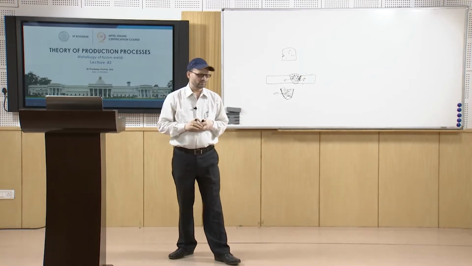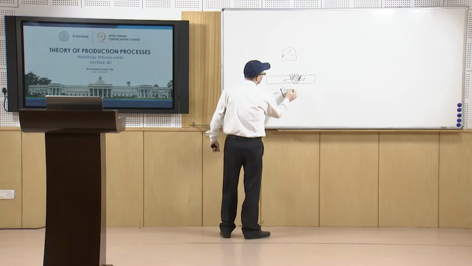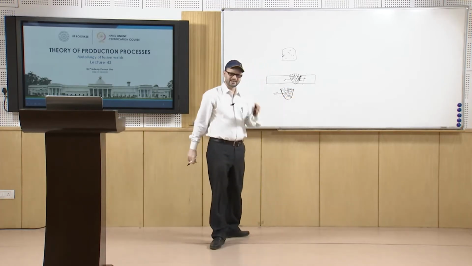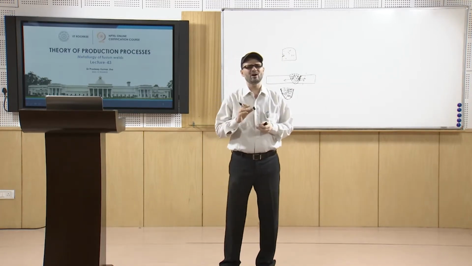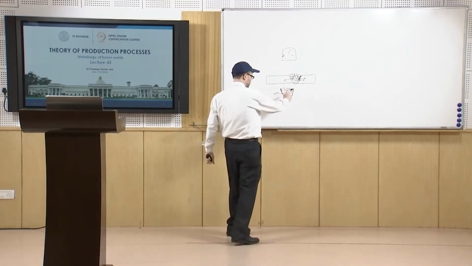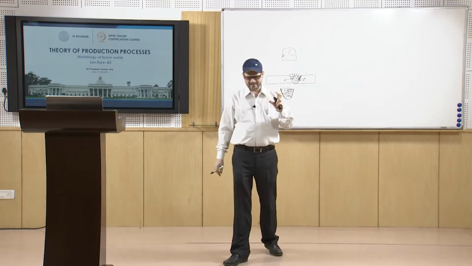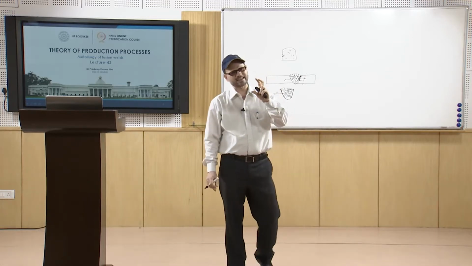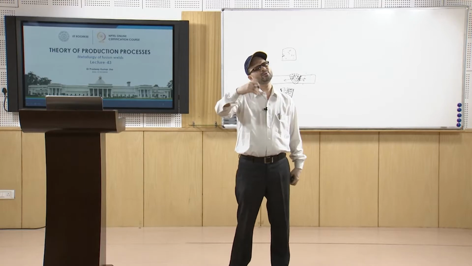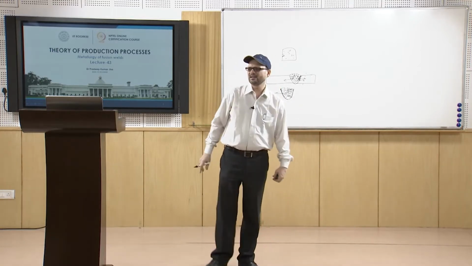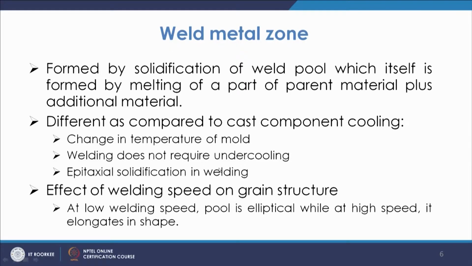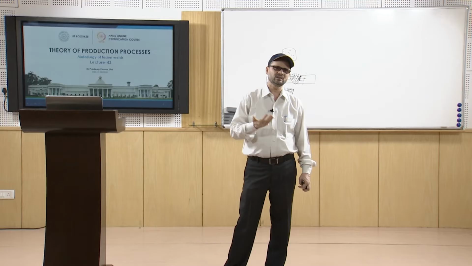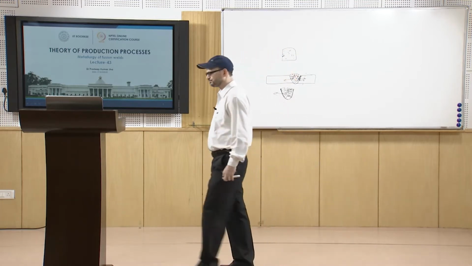Now, such grain growth, where you already have a partially melted grain which acts as the nuclei, and the solidification occurs from that particular grain, is known as epitaxial solidification in welding, and the growth is also known as epitaxial growth. That is normally encountered in the welding process.